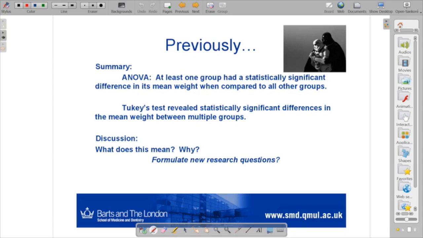Now, this is where we begin to get into this area where there's more than one way to do things. So we're going to quickly look at another way of reslicing this problem. Using analysis of variance, we simply compared the means of multiple groups and made the assumption that the weights within those groups were normally distributed.